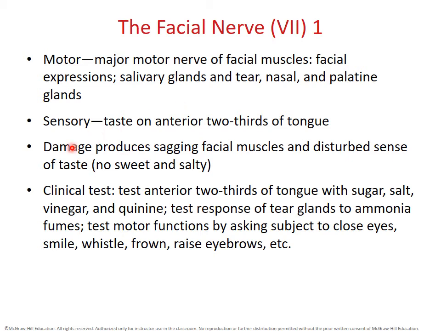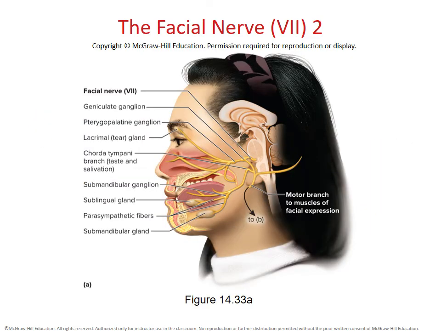If we damage the facial nerve, it leads, of course, to a paralysis of facial muscles. So you get a sagging appearance of the face, and of course, a disrupted sense of taste. Here we see the facial nerve after it's gone through its circuitous route through the middle ear chamber, again passing out through a tiny opening below the ear, and then it quickly starts to radiate out.